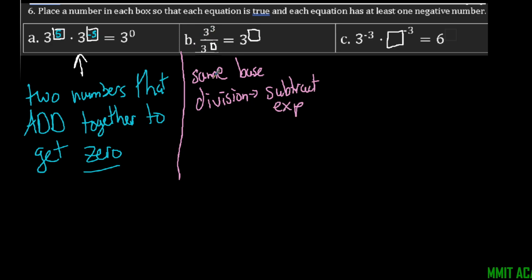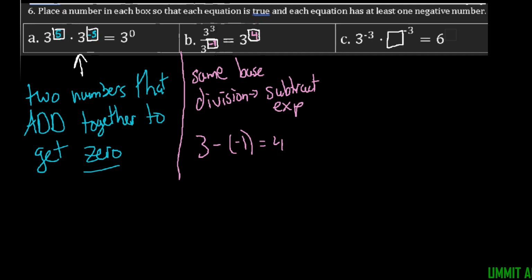So if our original exponent is 3, I could change this to maybe a -1. It's almost like we're subtracting those two. So 3 minus -1 is going to be equal to 4. So in this one I'm going to have a 4, where in the first one I had a -1.